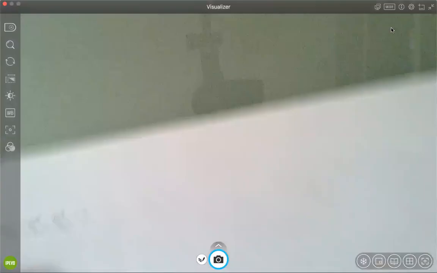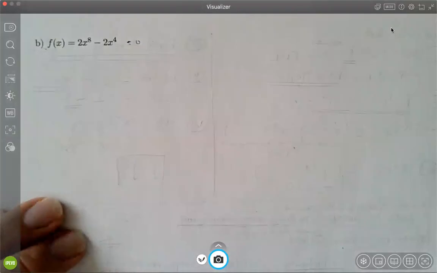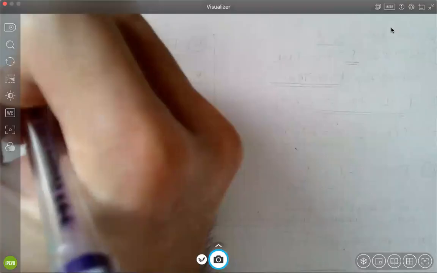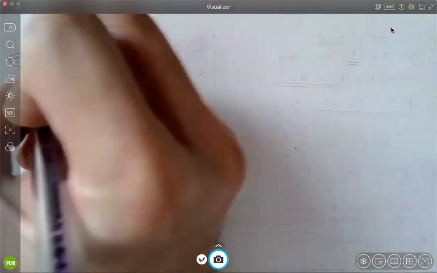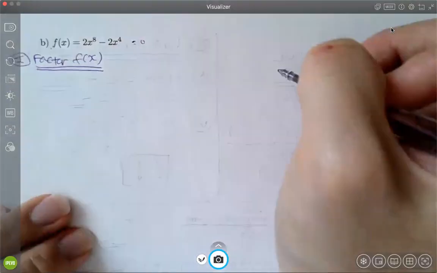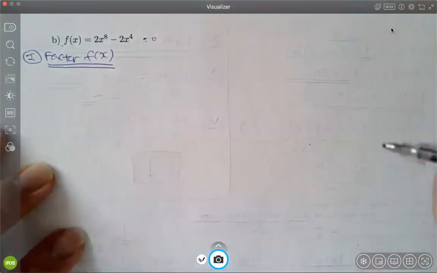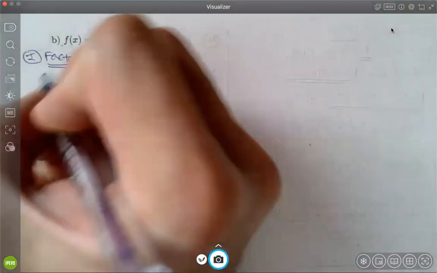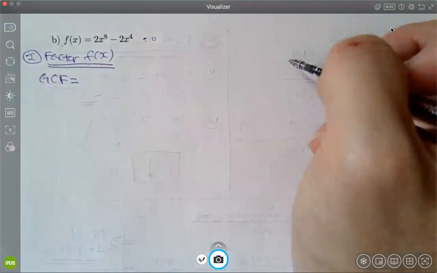So we have seen a similar problem like this yesterday, but how do we factor this f of x completely? So here we have to first find the so-called GCF. And what's the GCF? So 2 is part of the GCF, right? Because that's the common coefficient.